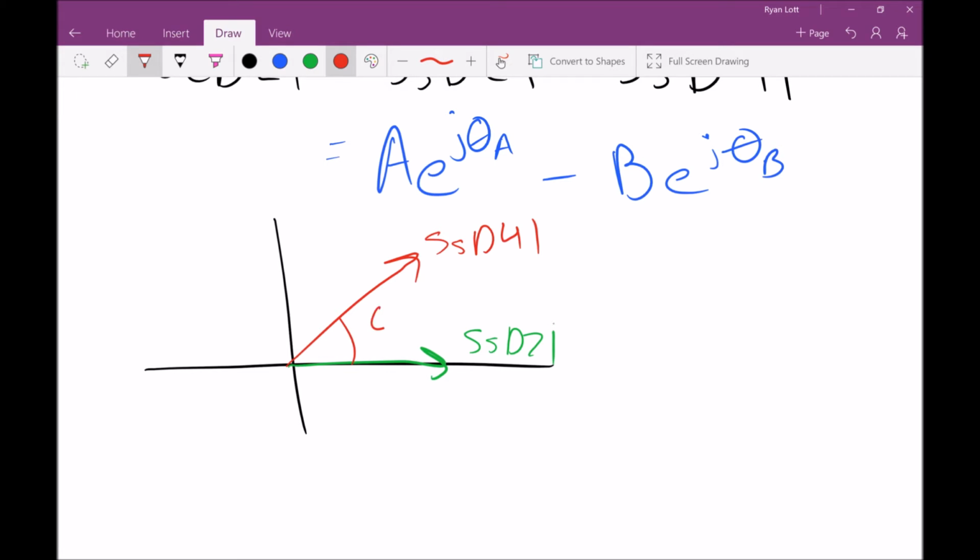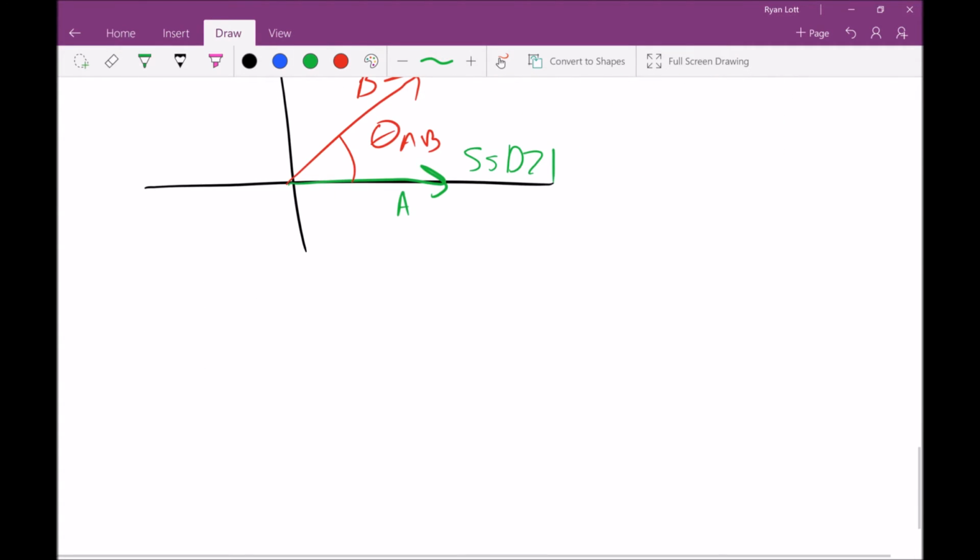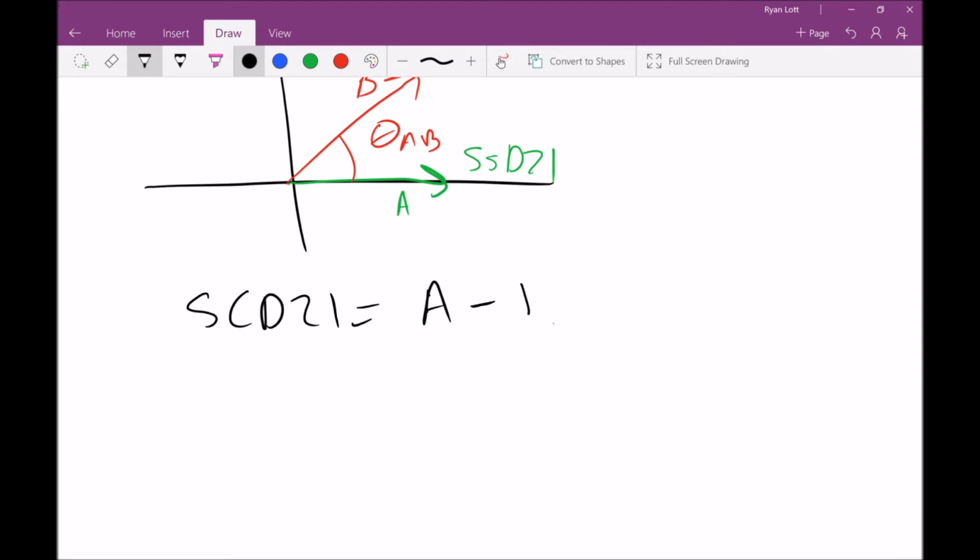So now we can say that the angle between them is theta AB. SSD41 has its magnitude component of B, and SSD21 has its magnitude component of A. So now, once again, we can rewrite SCD21 as a simple formula of A minus B e to the j theta AB.